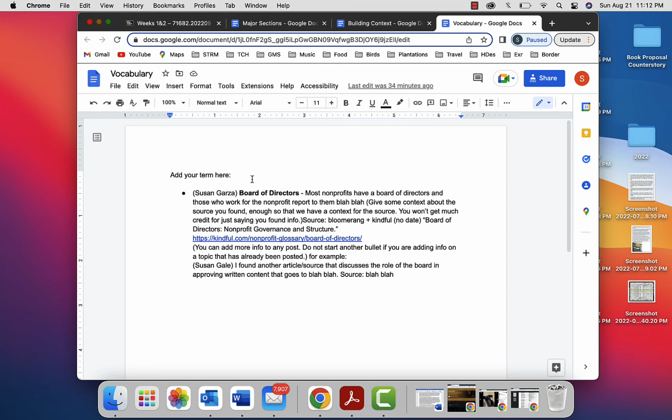Say a term I found that relates to nonprofits would be board of directors, and then I would tell a little bit about the source that I found, just enough context so that the rest of us have an idea of what the source is and how it focuses, and then talk a little bit specifically about what you learned about what this means, or how they function, or just what you think would be good to share with our group. Because the idea is we're going to find information and share it, and then together we'll all be learning about nonprofits.